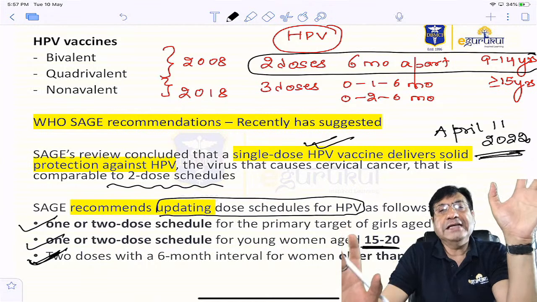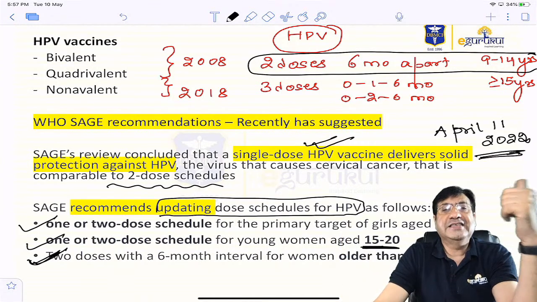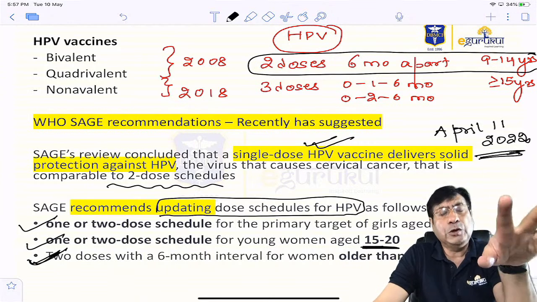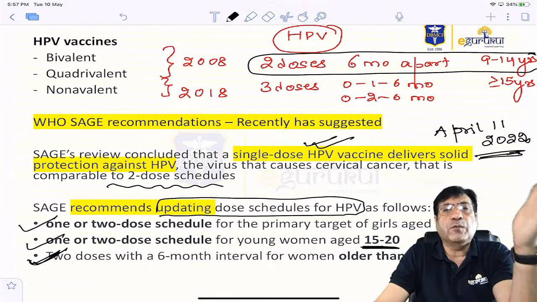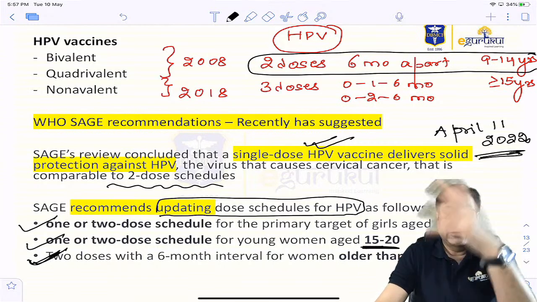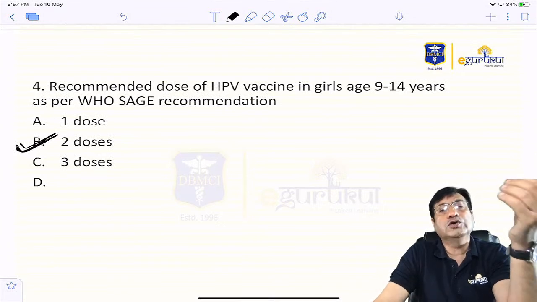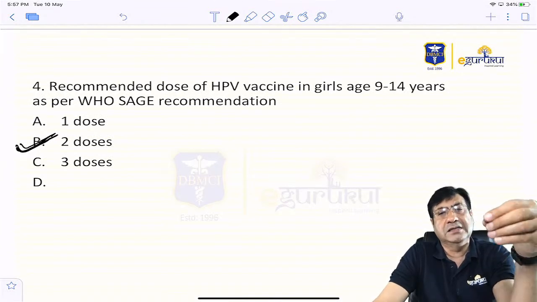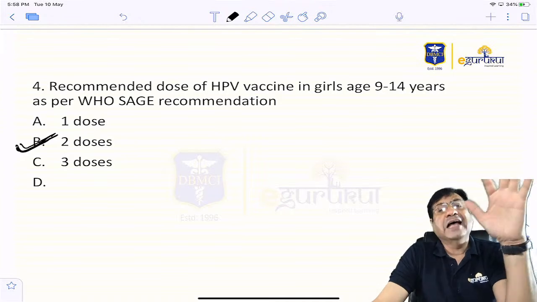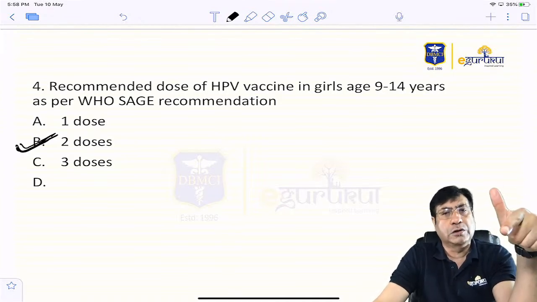So the point of understanding is that while they do recommend an update of the schedule and suggest that a 1-dose schedule is comparable to a 2-dose schedule, they do not say that a 1-dose schedule should replace a 2-dose schedule. Therefore, according to me, the recommended dose of human papilloma virus vaccine in girls aged 9 to 14 years, as per WHO's age recommendations, can be a 1-dose schedule also and a 2-dose schedule also.